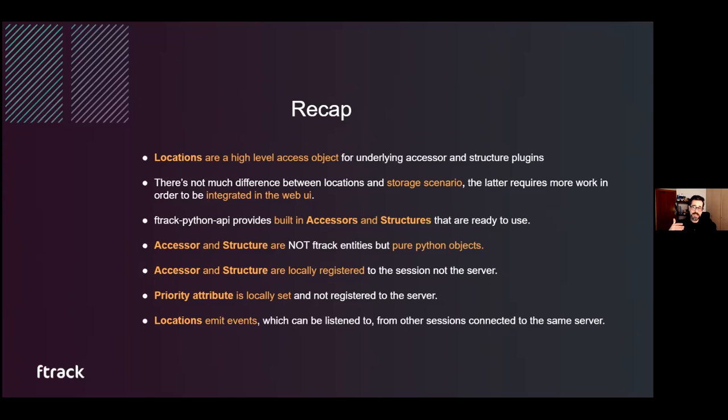Locations can emit events, and do emit events when you operate on them, and this can be listened to so you can do something with it. For example, you can listen to an event of a file transferred to a cloud location, so you know when the file will be ready to be pulled from the cloud location to be transferred somewhere else, triggered by a chain of Ftrack events.